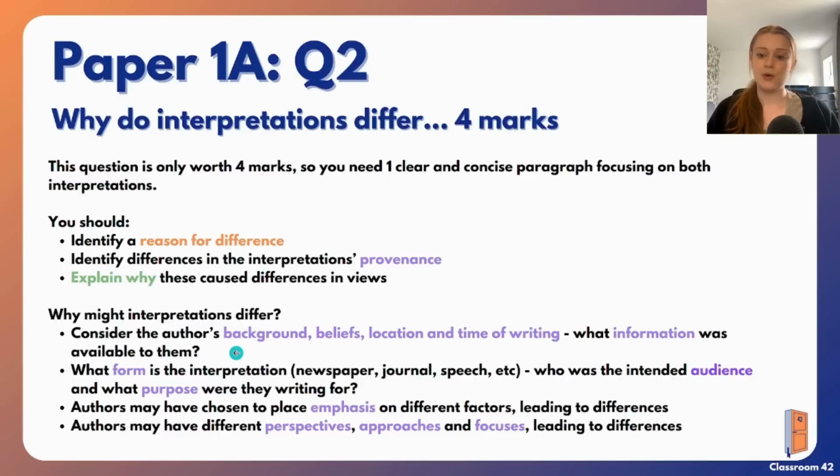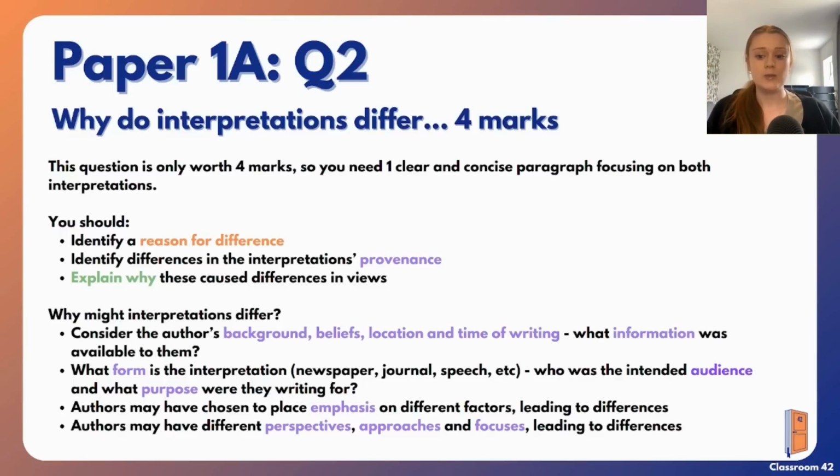For example, if you're looking at an interpretation written by a historian who perhaps wasn't around during the event they're talking about, but has access to a lot of different sources and interpretations that they can use to create their own interpretation, they might give a more objective interpretation compared to someone who experienced the event themselves and has a more personal connection to it. So their interpretation is going to be more opinion and more about their own experience.